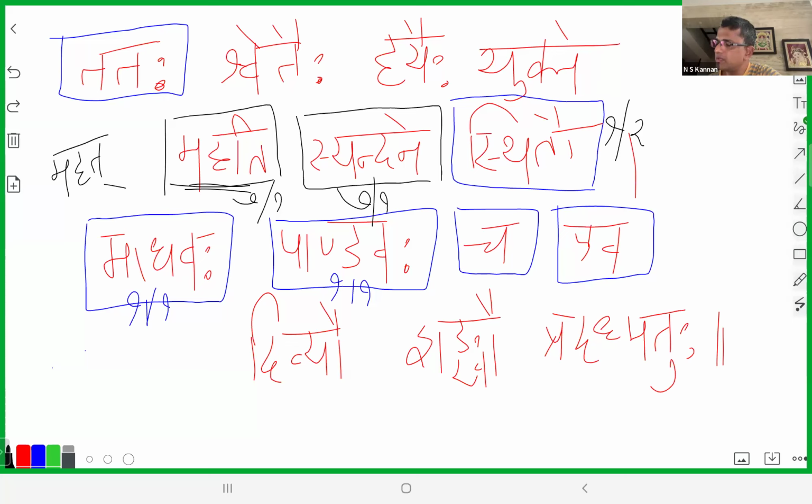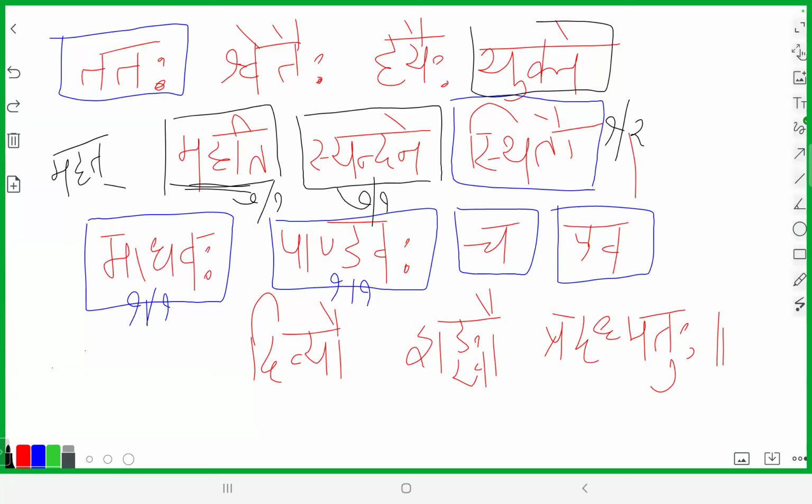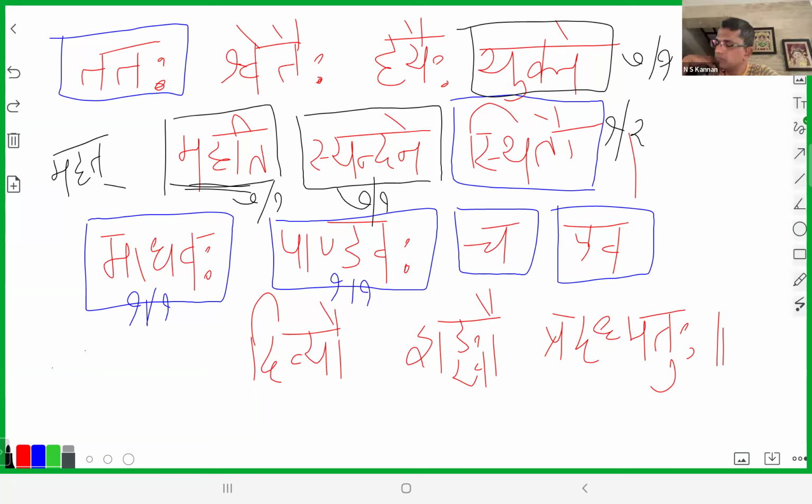All the three adjectives on the noun become saptami ekavachanam. Exactly. Very nice. So I'm telling you there are adjectives to syandanam. That means what kind of a chariot? A very big chariot and an equipped chariot. So your next question is equipped with what? You understand what I'm saying? Equipped with what?